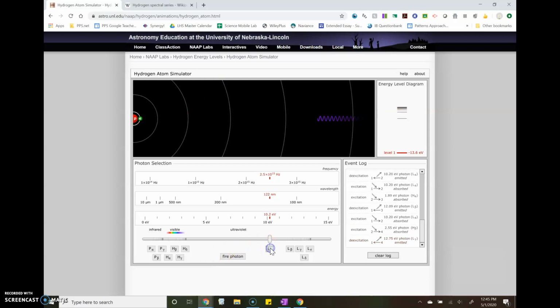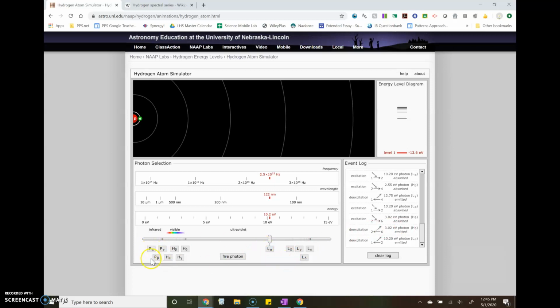If I do it again, excite to n equals 2, then hit H gamma, or sorry, delta, whoa, it excites it all the way up to the highest energy level on our simulation. And then it randomly decays back down, emitting photons that have the energy of the difference between the two states that it's traveling from.